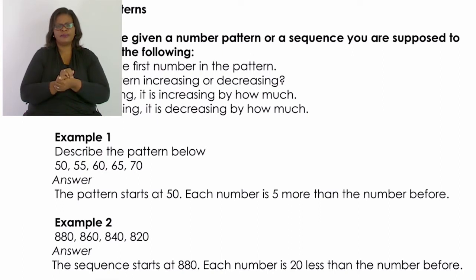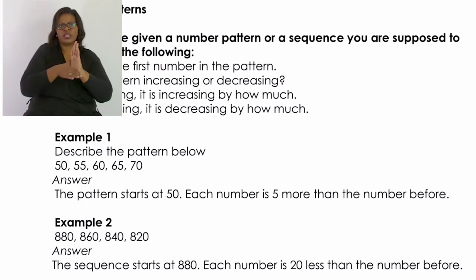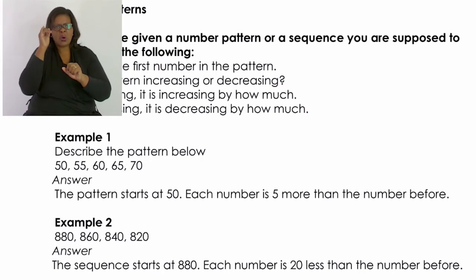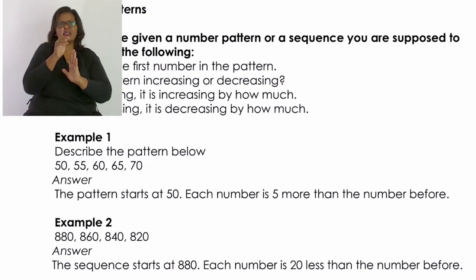Then you are supposed to study the pattern to see whether it is increasing or decreasing. If it is increasing, you are supposed to take note of the number by which it is increasing. The same applies when it is decreasing.